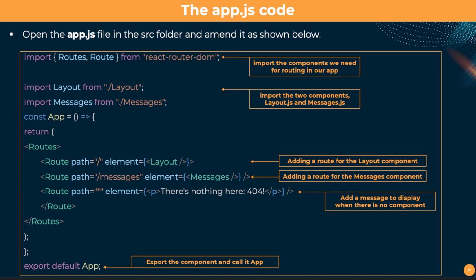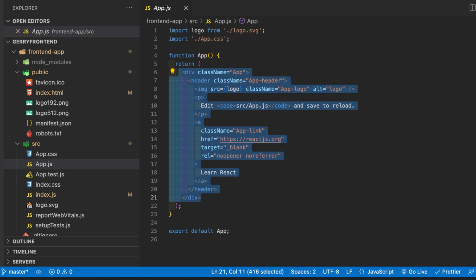So this is our app, and this app will change as time goes on because we'll want to add on another route and another route and another route within the routes, so it can build up. And when we start off, the / will be the default, so the default will be the layout which we're going to create. So we will go into our code in our app.js, and we will create the new code that we want.